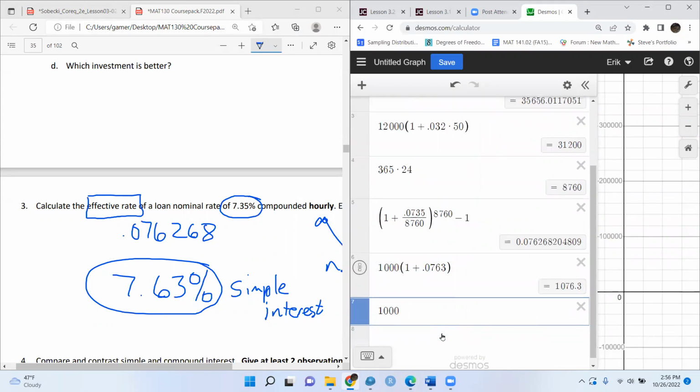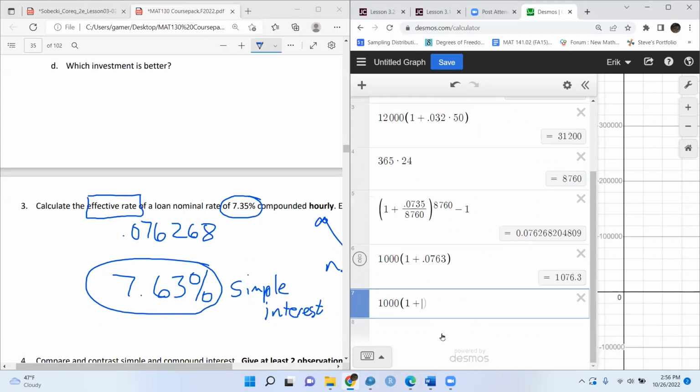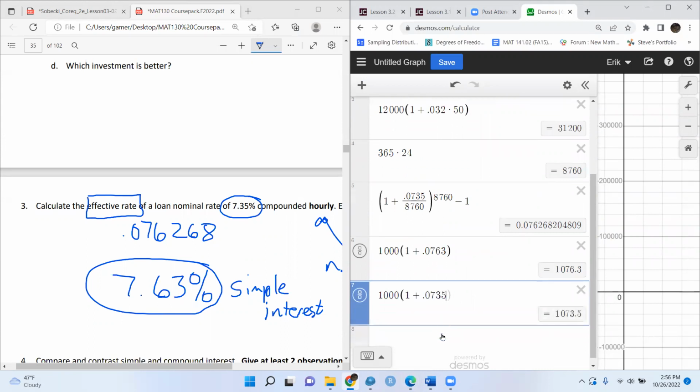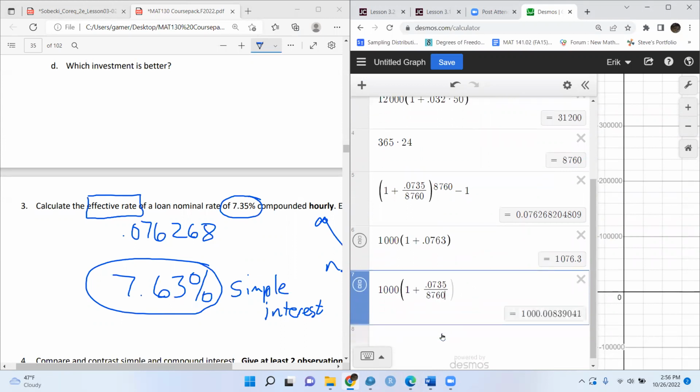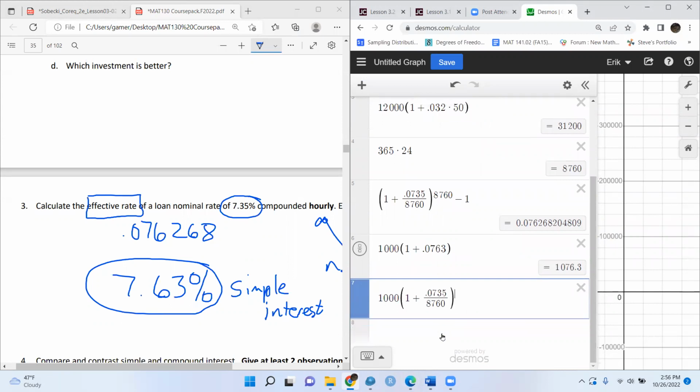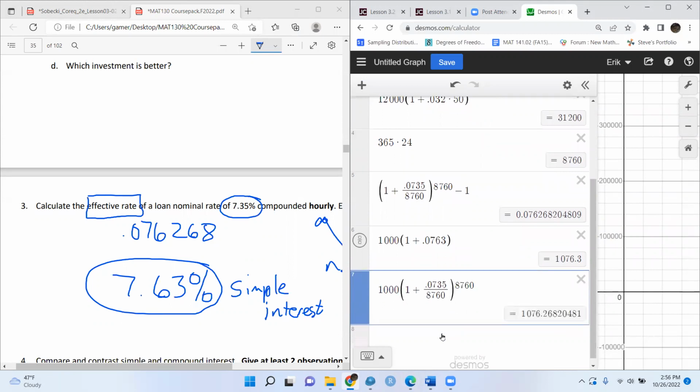And then $1,000 times 1 plus 0.0735 divided by 8760 raised to the 8760. There we get the same amount of money when rounded to 1 decimal place. If we added more decimals on this one, like if we did the 268, we get even closer. Okay. So that's what the effective interest rate does.